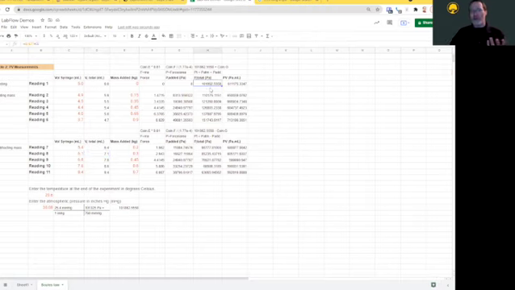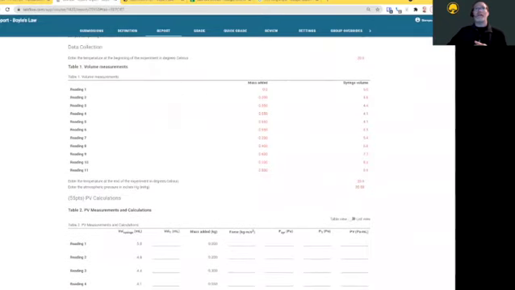Now, where did that number come from? Well, they did tell me in my data up here that the atmospheric pressure measured in inches of mercury was 30.08 inches of mercury.